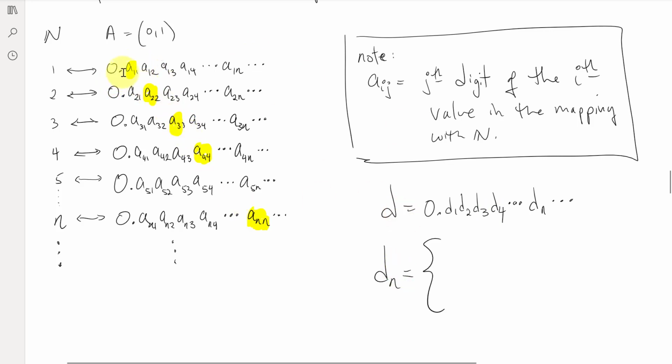For example, when we get D1, we'll say if A11 is not a 1, then I'll make my digit in D a 1, and otherwise I'll make it a 2.